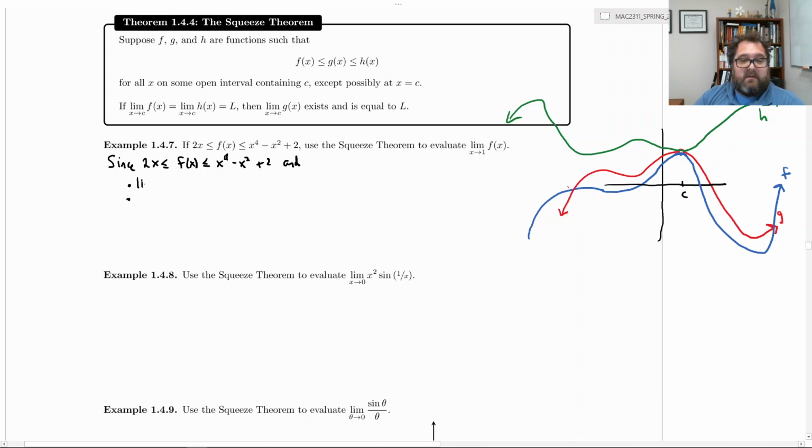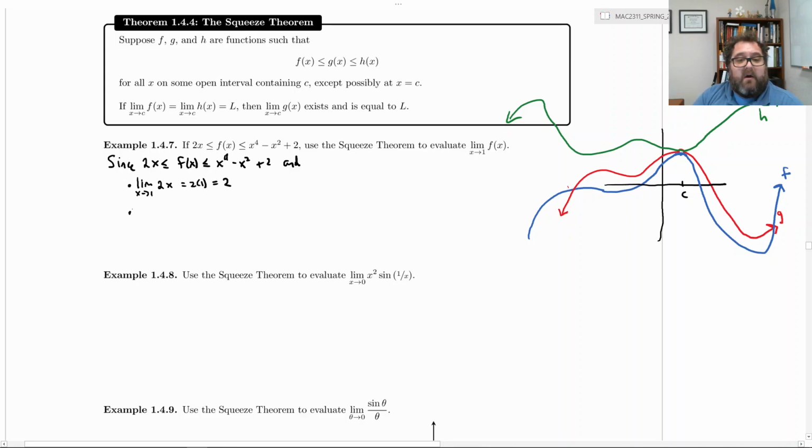What is the limit as x approaches 1 of 2x? Well, notice that's a monomial. Monomials can be evaluated using direct substitution because 2x has domain all real numbers. So this equals 2 times 1, of course, equals 2.